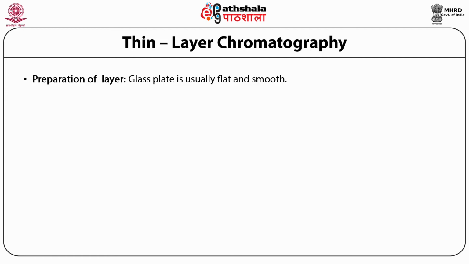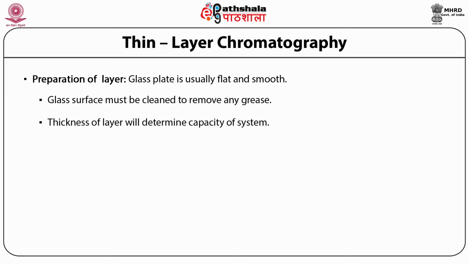In any event, the glass surface must be cleaned with a detergent and an organic solvent to remove any grease. The thickness of the layer will determine the capacity of the system. Layers of 0.15 to 2 mm thickness are satisfactory.